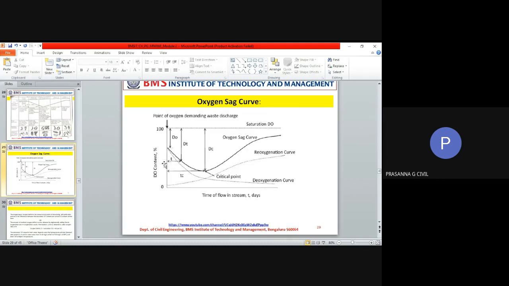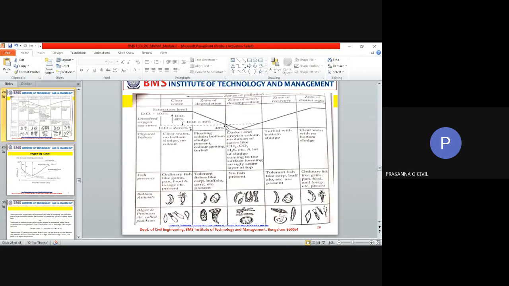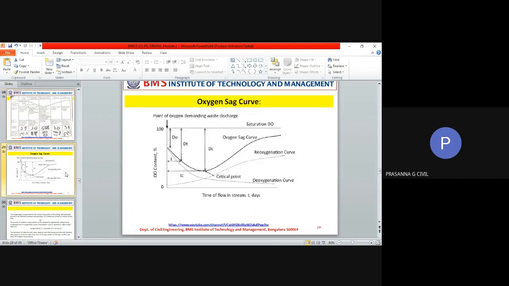Now, at any particular time t, we have seen from our previous discussion that oxygen will go down when the degradation is happening. So after you have added the pollutant, there is no way this graph, the oxygen sag curve, is going to go up. Initially, at the point where you are disposing the waste, you will have an initial DO.